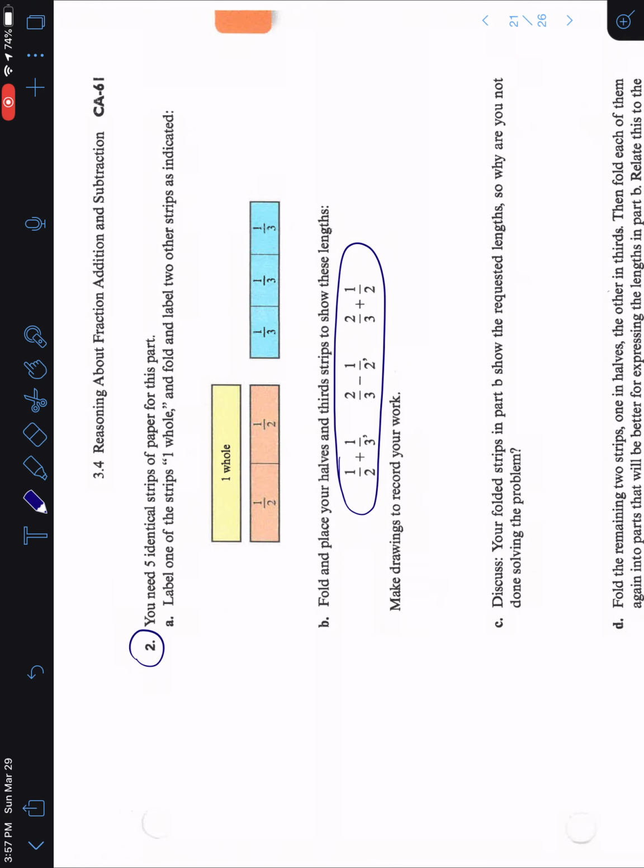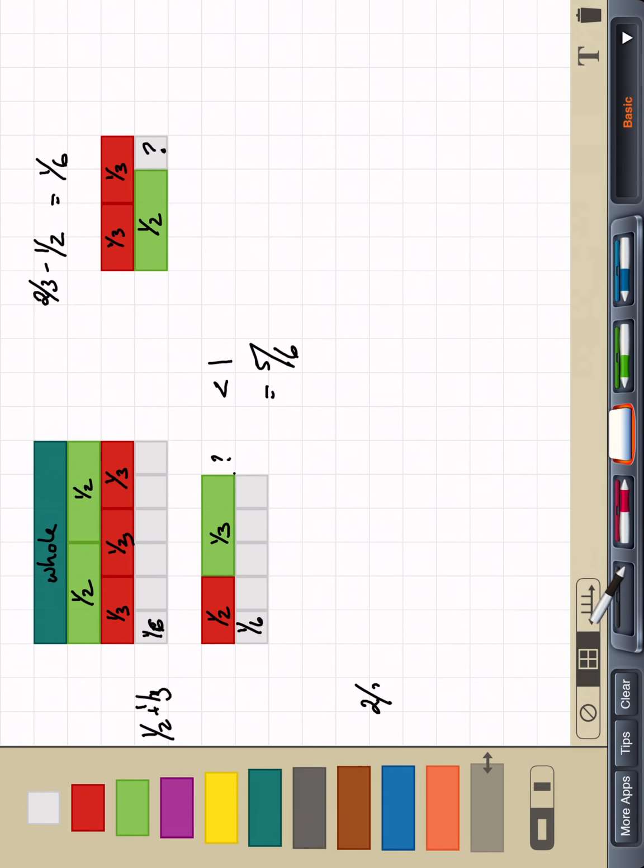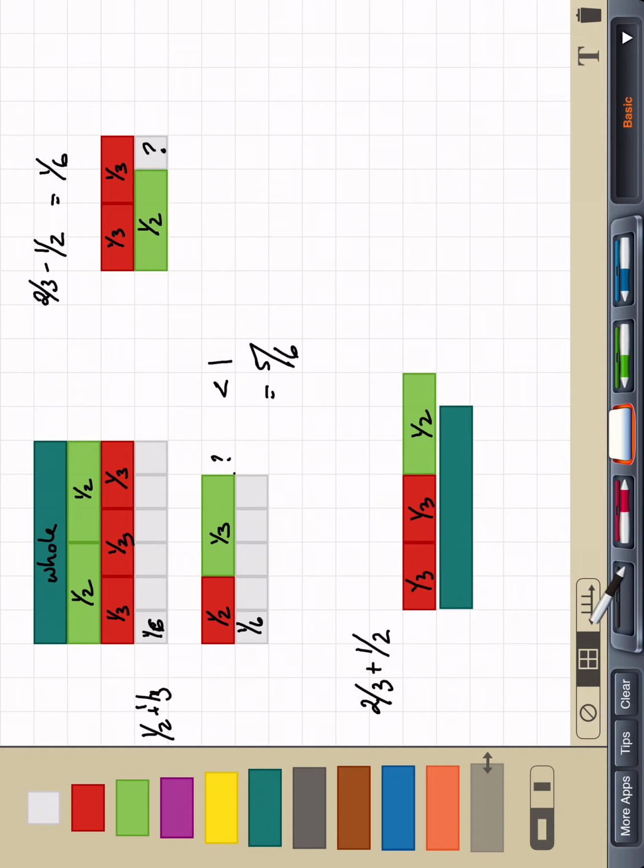And what's the last question? 2/3 plus 1/2. All right, let's do 2/3 plus 1/2. 1/3, 1/3, 1/2. Now, is that going to be less than 1 or more than 1? That actually looks like it'll be more than 1.